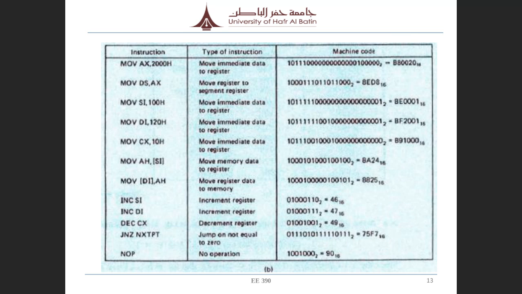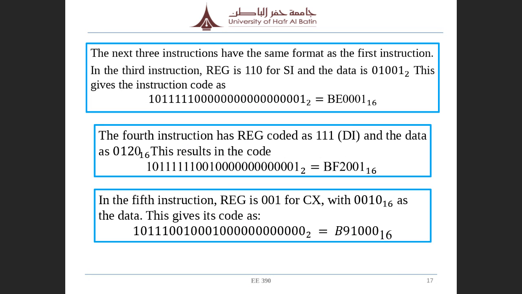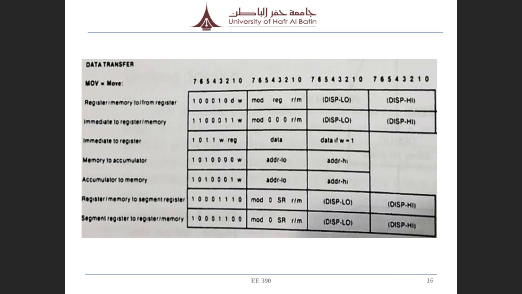What is the format here? Immediate to register. We could also use the immediate to register/memory format, but since it is clearly immediate to register, we use this one. So 1011, and W is 1.